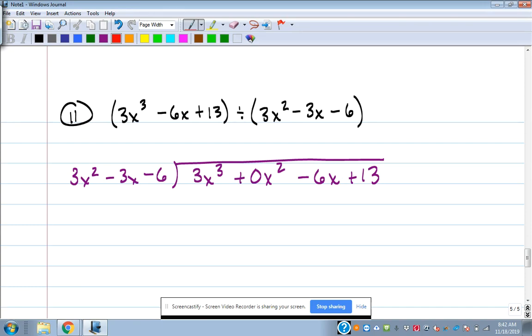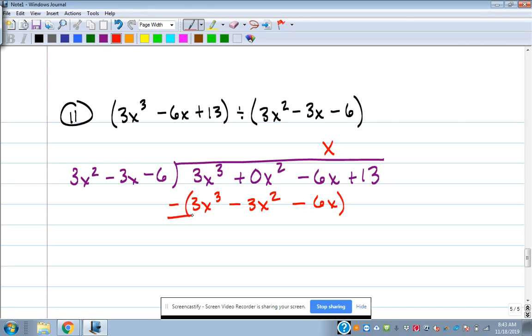Now, with long division, you always just look at the first terms. What times 3x squared gets me 3x cubed? x. So that's going to go up here above the 6x. And then what do we do with that x? Multiply it all the way out to the divisor. So distributive property there. That's 3x cubed minus 3x squared minus 6x.